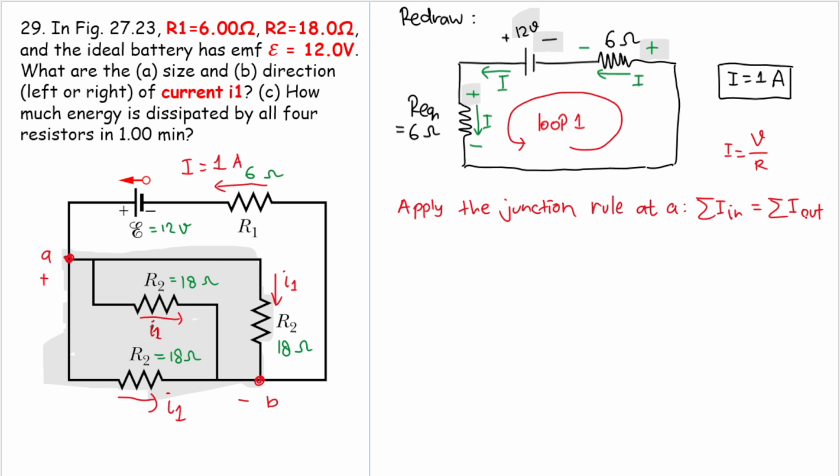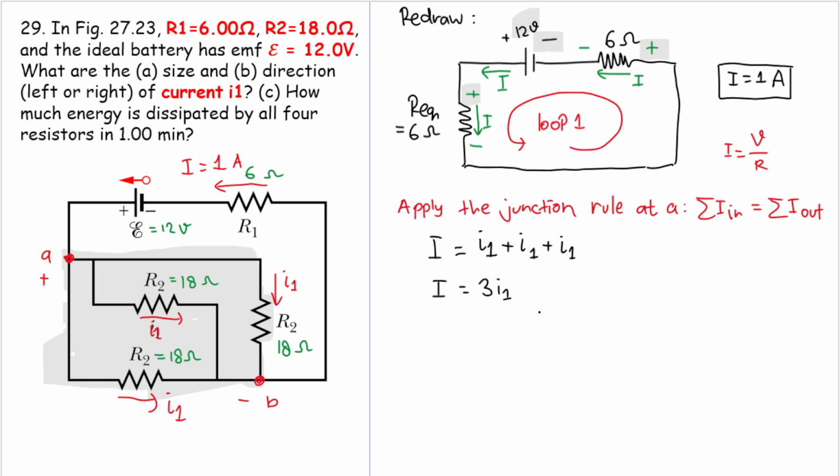Good. And what is the current that goes into node A? This current, right? That is I. So I will have I, and then all the current that goes out, I will have I1, I1, and also I1. So we'll have I1 plus I1, and then plus I1. Good.